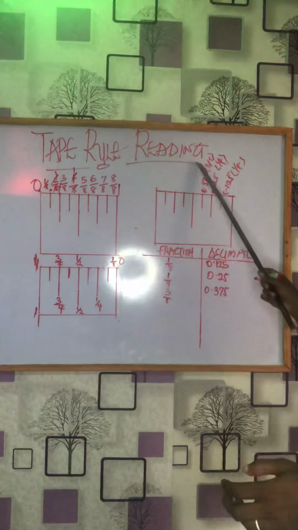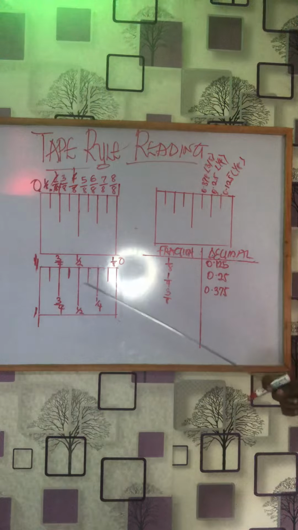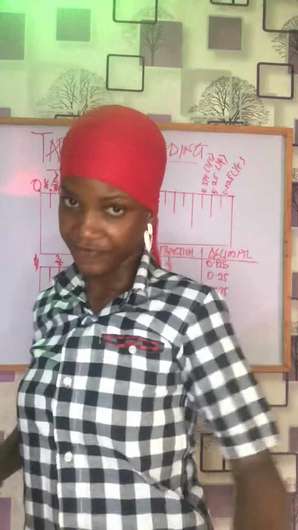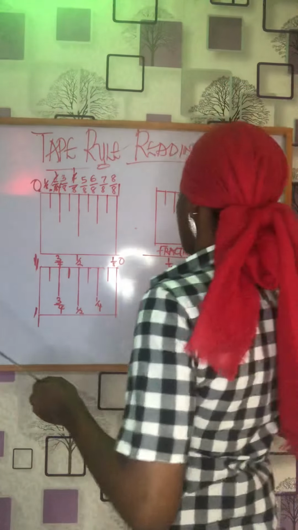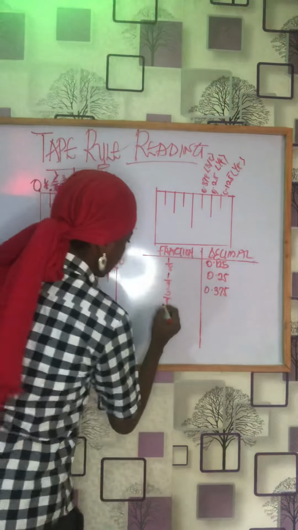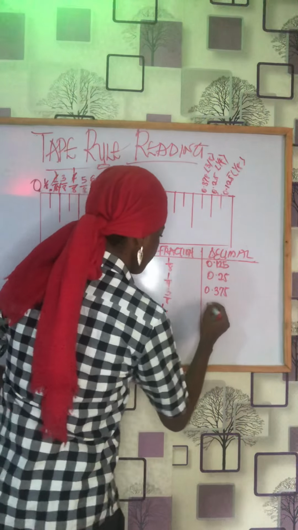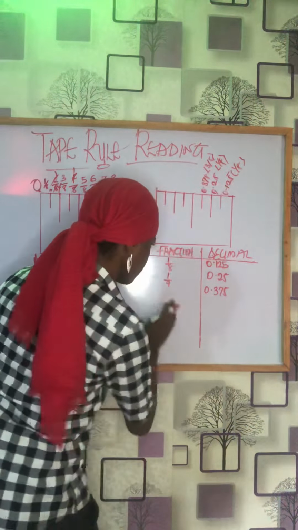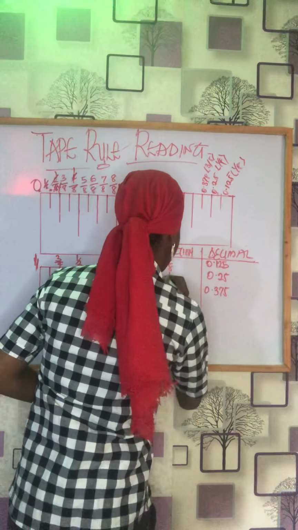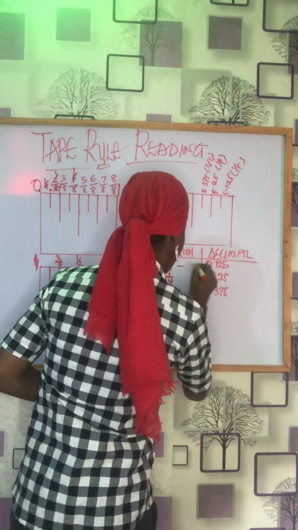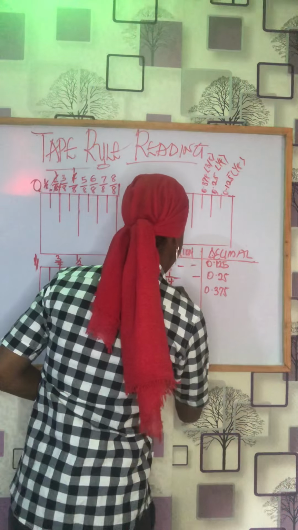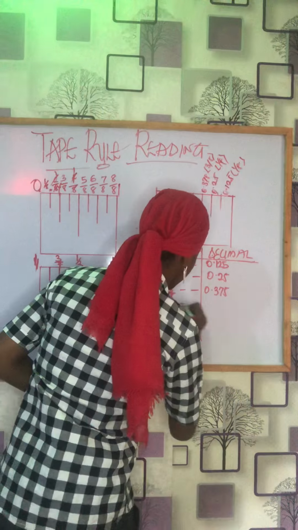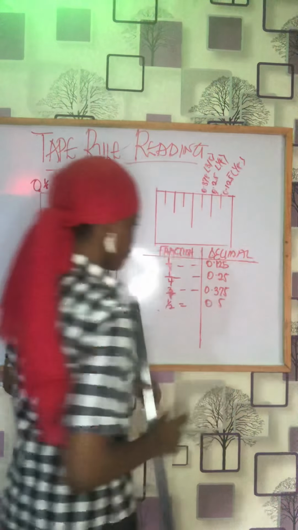Actually, why we can't get the fraction of this is, you know our mathematics now, we can't divide. Good. So 1/2 will give me 0.5, which is half.